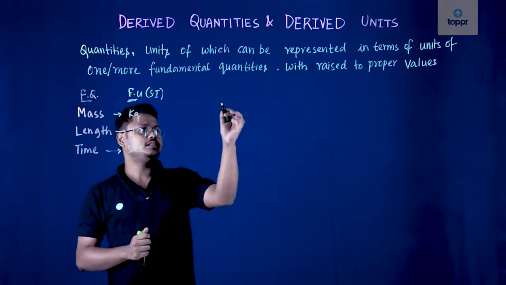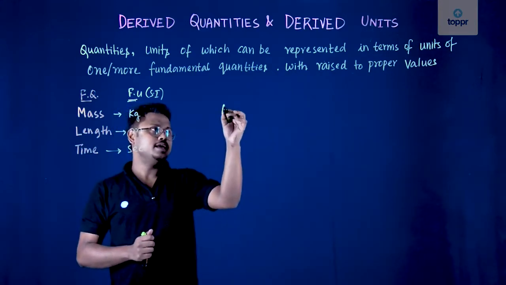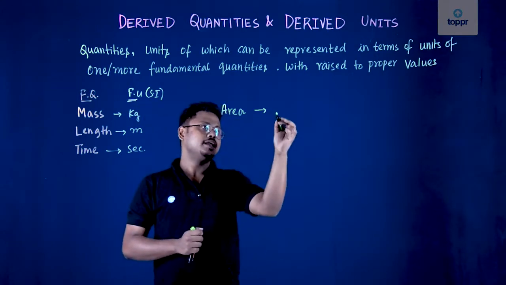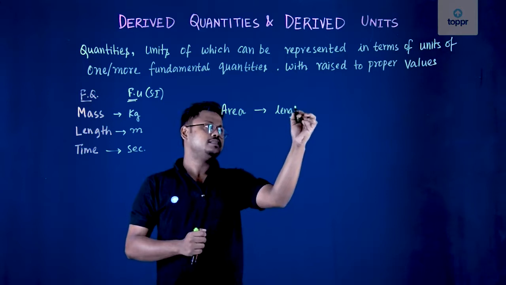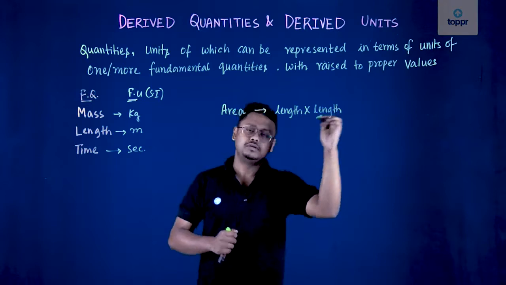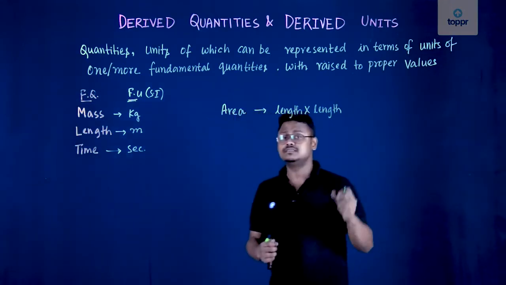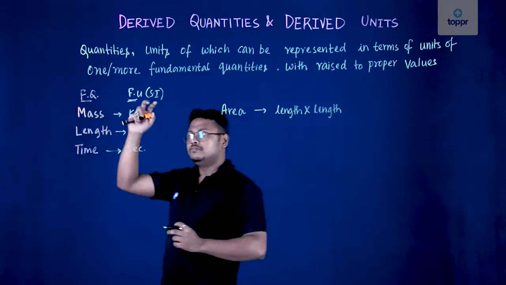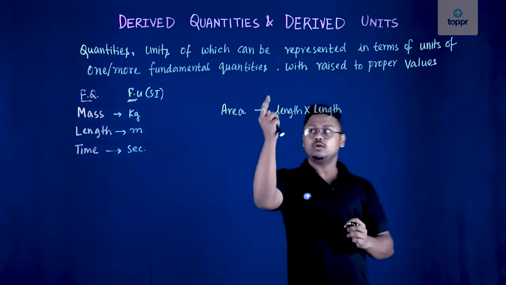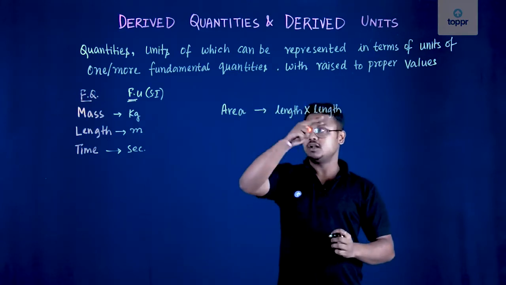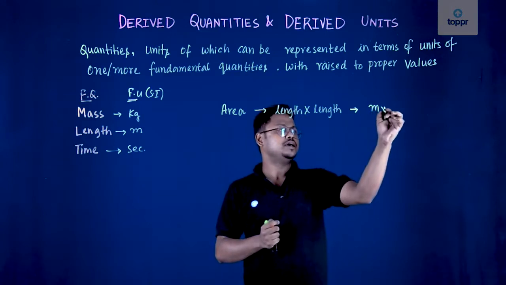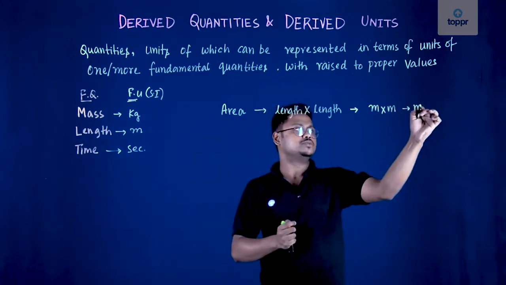For example, take the derived quantity like surface area. What is area? Area can be written as length times length, or you can talk about breadth or height, but all these denote the fundamental quantity length only, right? Its unit will be meter into meter, that is meter square.